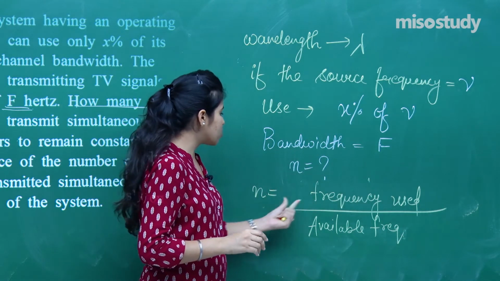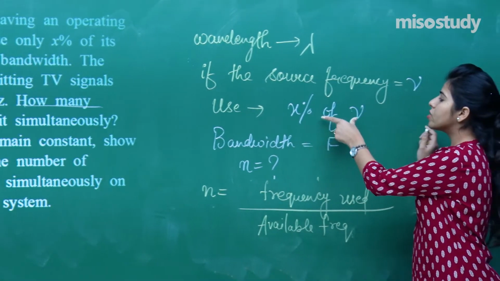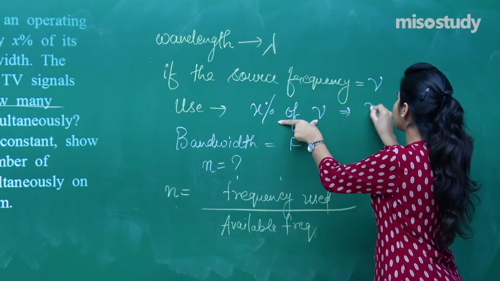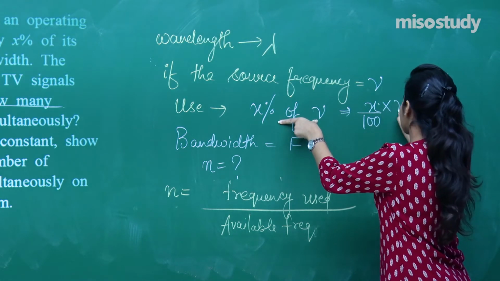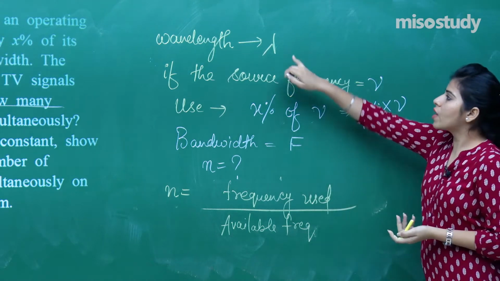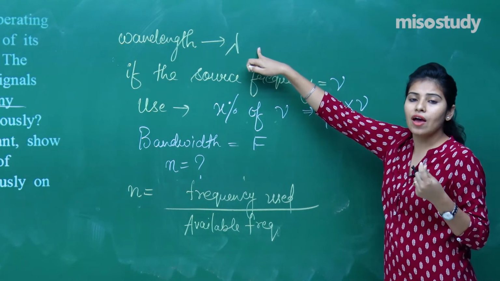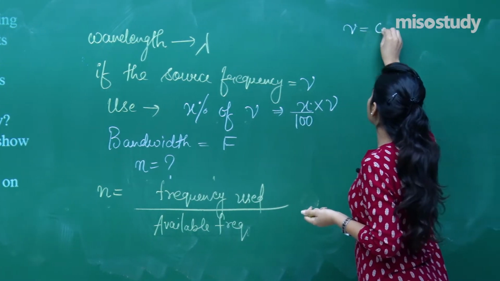Now you can use this value simply. How? Frequency used is X% of nu. So this can be written as X upon 100 into nu. Now because we have been given the wavelength, we haven't been given the frequency. So we can convert nu equals c by lambda.